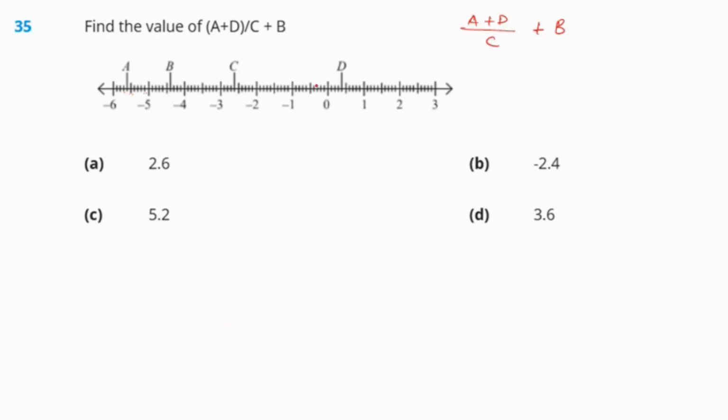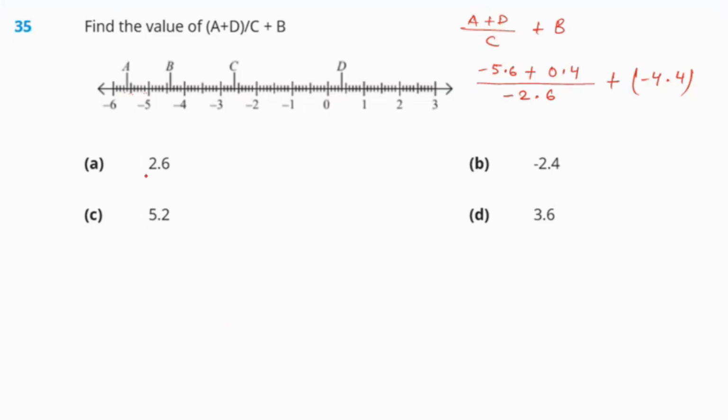So A is minus 5.6. D is 0.4. C is minus 2.6. Okay, plus B is minus 4.4. Okay, yes, now we need to solve them.